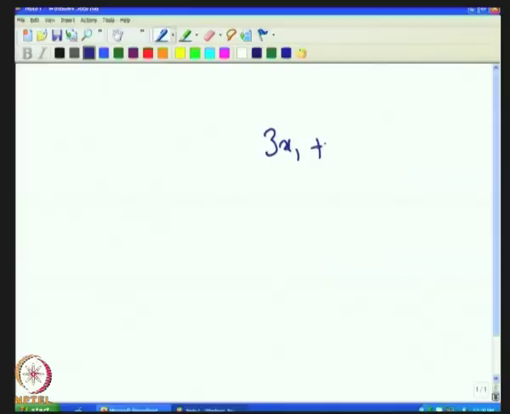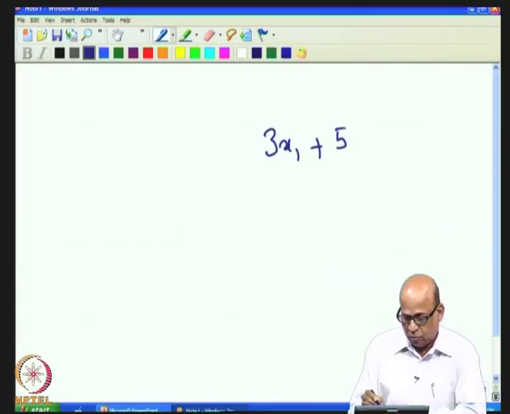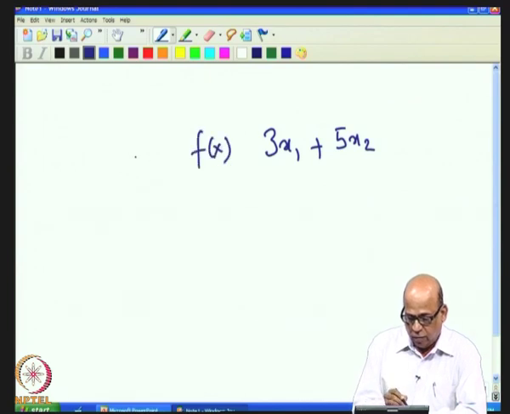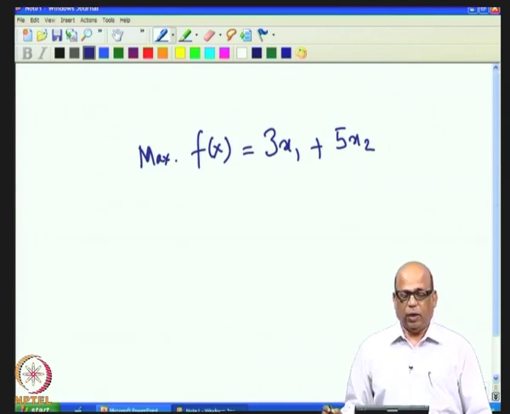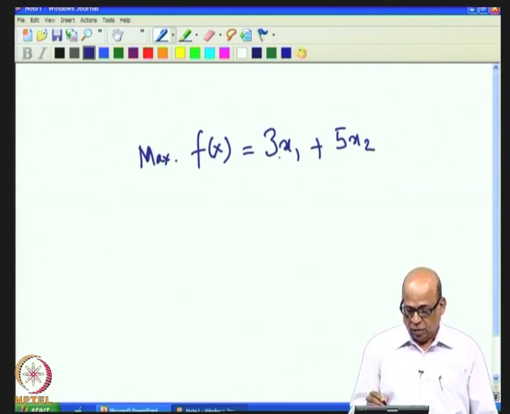Let us say we are looking at a function of just two variables, 3x1 plus 5x2 or some such thing. This is our objective function f(x), and we may be interested in maximizing this. So, we will write maximize f(x) is equal to 3x1 plus 5x2. This is a linear function of x1 and x2. x1 and x2 are the decision variables.